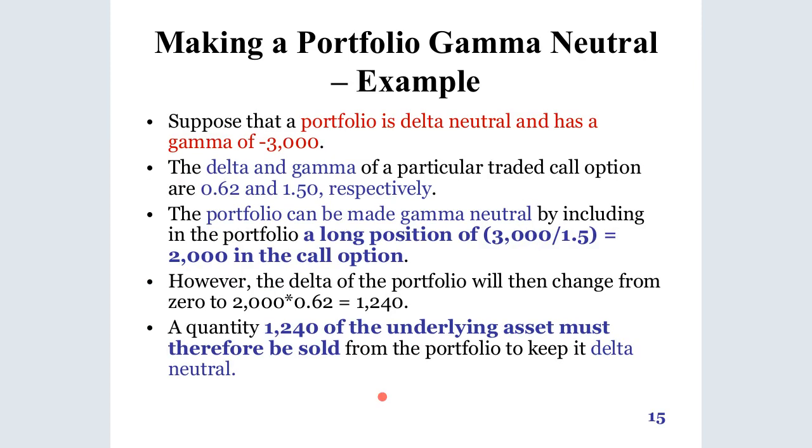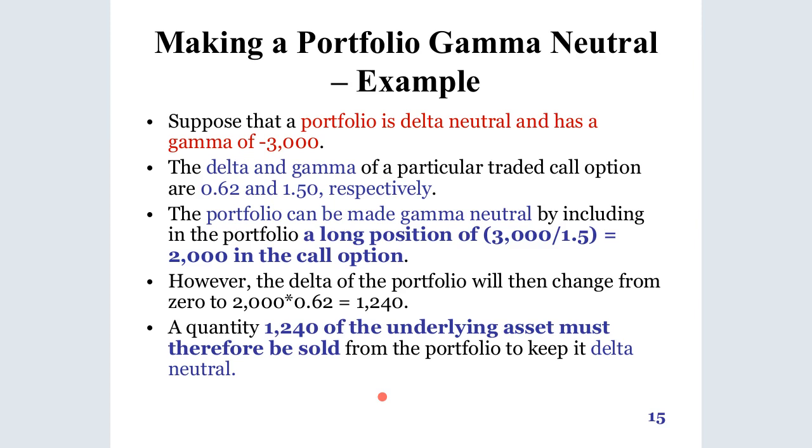How do you make a portfolio delta neutral that has a gamma of minus 3000, for example? Let's say the delta and gamma of a traded option is given to you; the values can be computed. The portfolio can be made gamma neutral by including a long position. So the portfolio has a gamma of minus 3000, and the gamma of one option is 1.5.